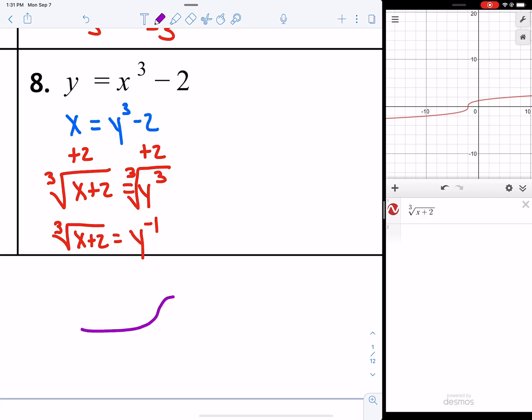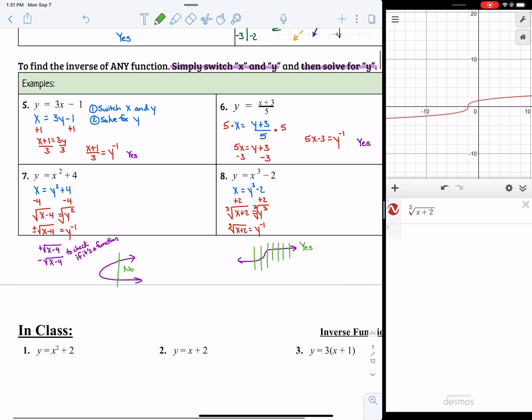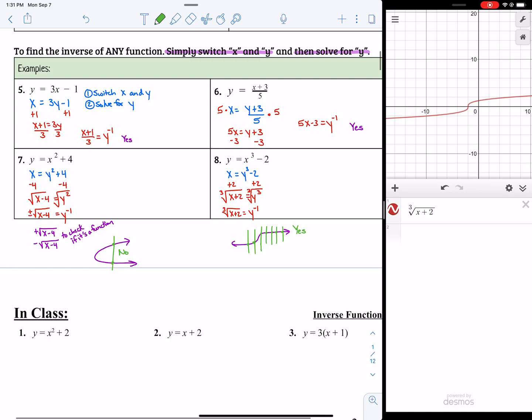It looks kind of like that. But if I draw a vertical line through this graph, no matter where I draw my vertical line, I'm still only touching this curve one time. So we would say, yes, this graph is a function. So my inverse is a function. And you can check to see if any graph ever is a function using that concept. All right, so that's it for our notes on inverse functions.